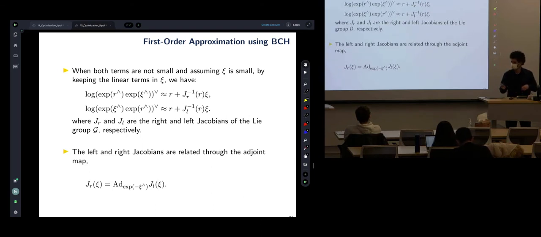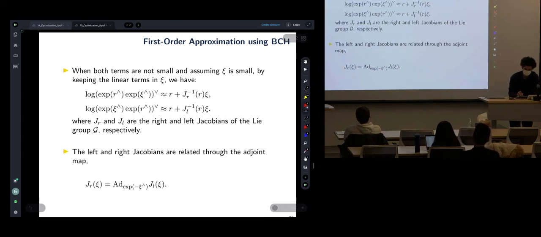So always one of them is small. So we're in luck. Assuming that in this case the notation KC is small, and R is your residual that can be large, we are after answering this question.